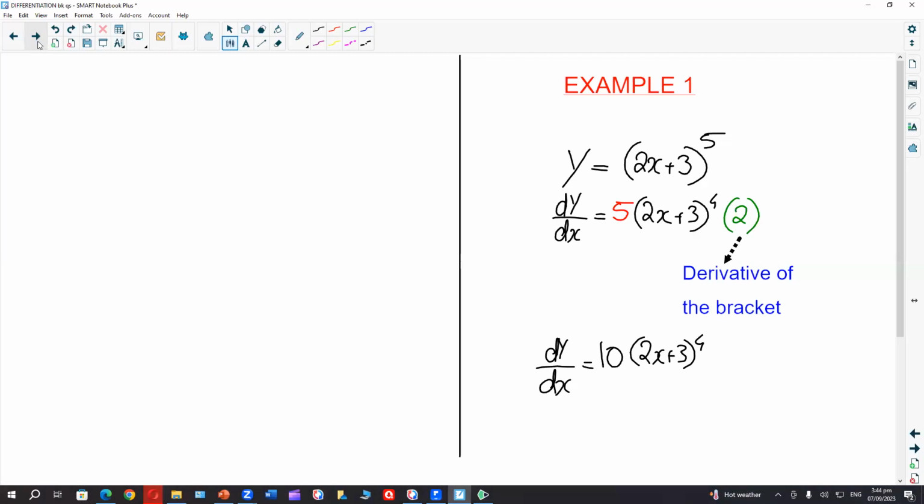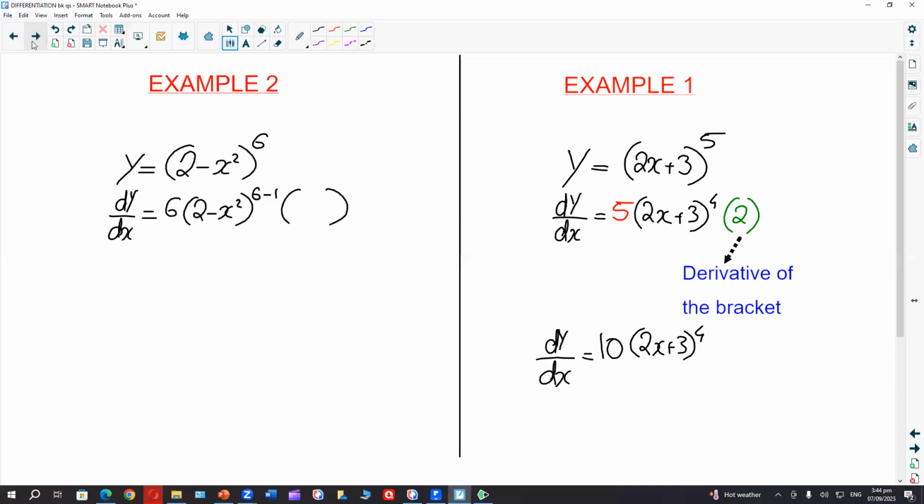Now see the steps. This is called a bracket function.